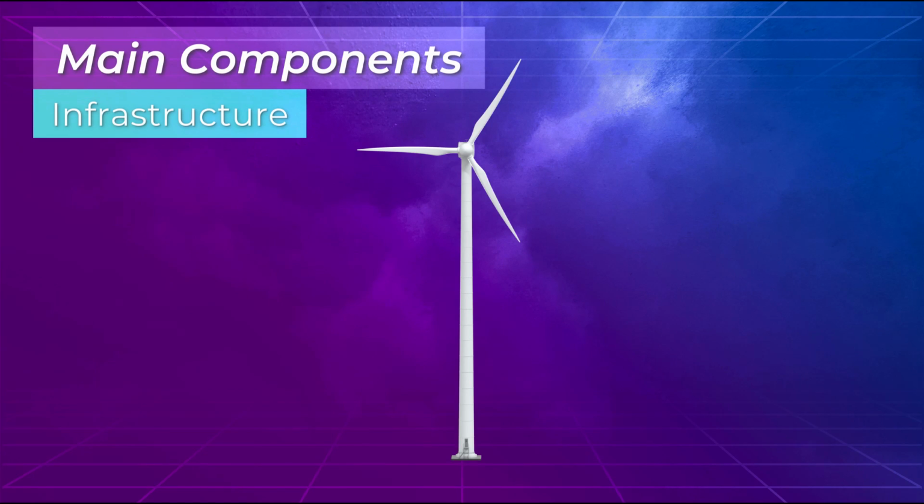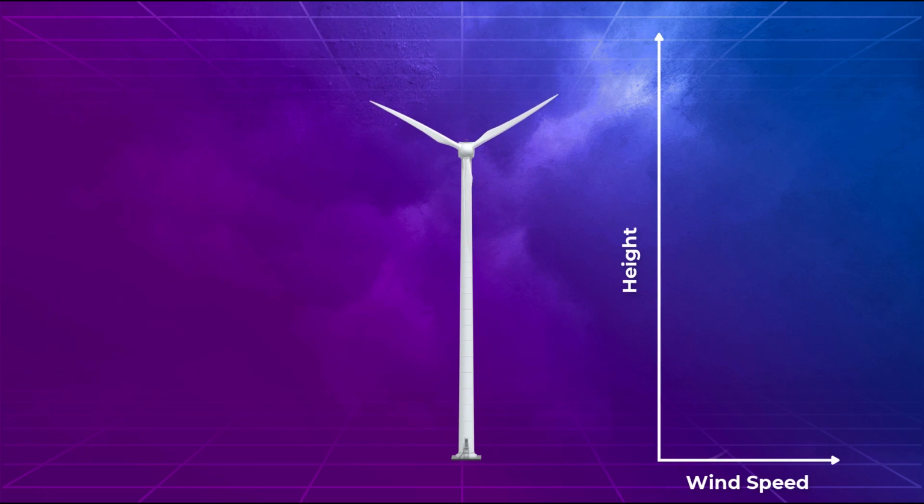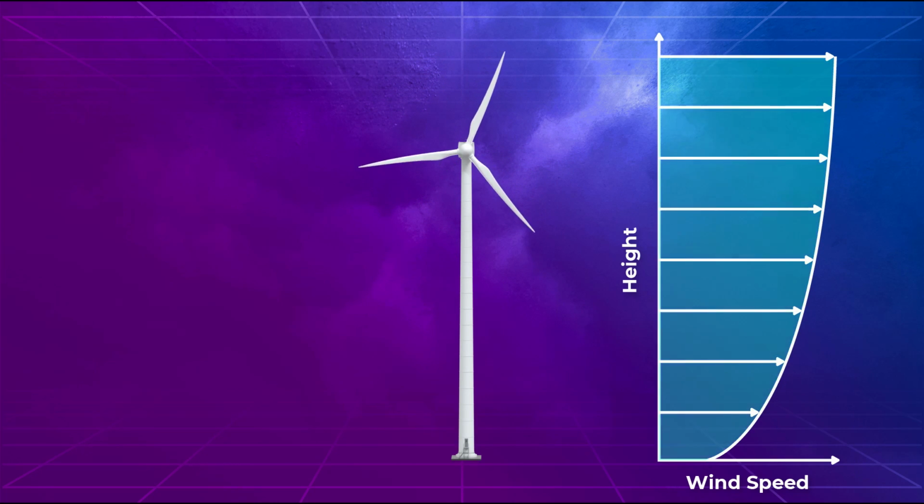The tower and foundation mainly provide support and height to the electric power generating nacelle and rotor, with the tower raising the nacelle and the rotor to a position where the wind has higher speeds.